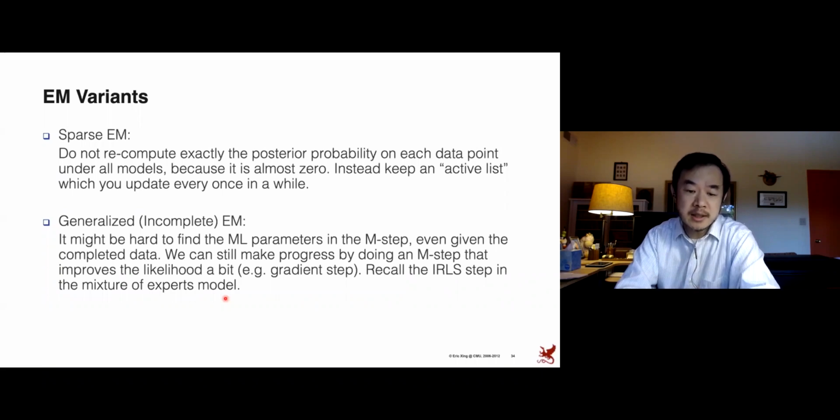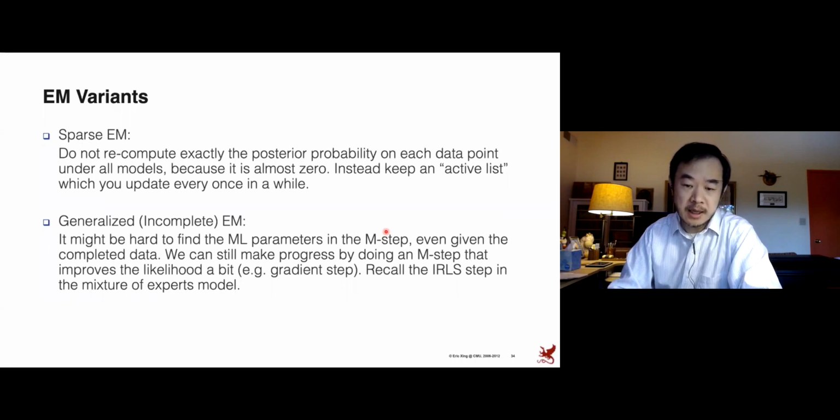There are some variants which I'm not going to talk too much about. You can go through the procedures by yourself, which sometimes result in more complicated algorithms, such as in the M step, you can continue to run an inner loop that does gradient steps and so on. And in the sparse algorithm, you may try to subsample data and not use all the data to update the next round of estimation and so forth.